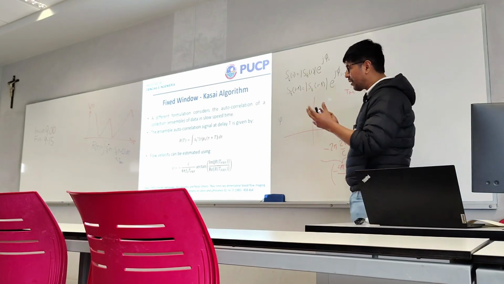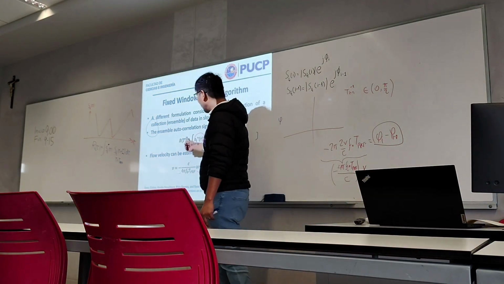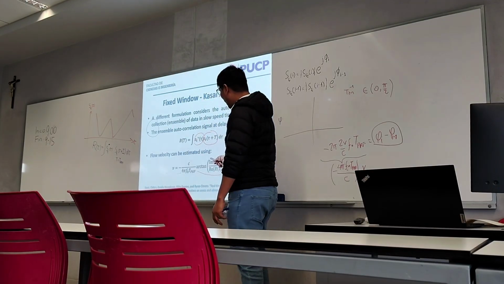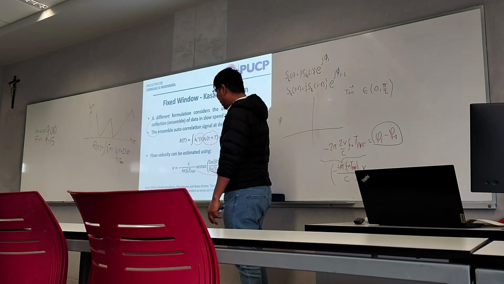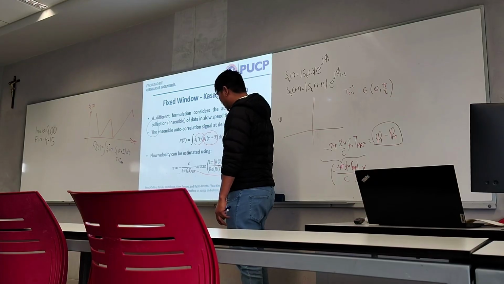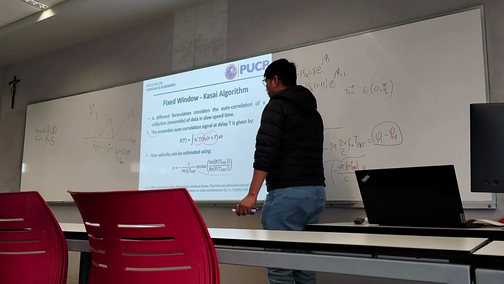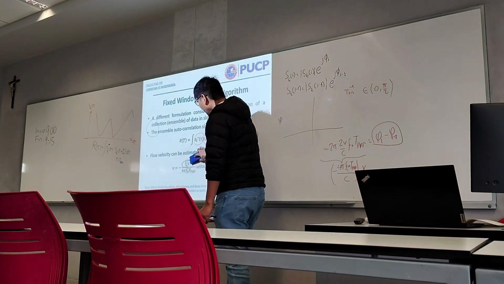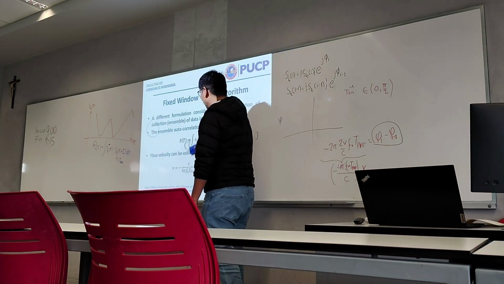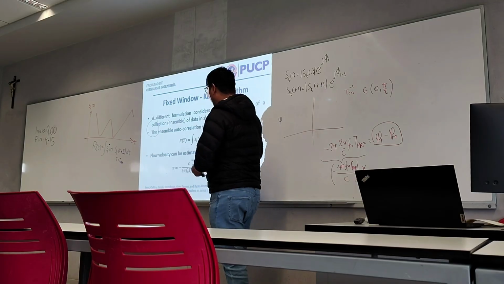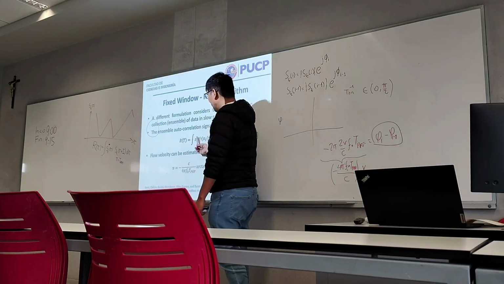And for that new signal, the autocorrelation, you can calculate the imaginary and real part, do the ratio and calculate the arctangent. Okay, you can calculate the autocorrelation very easily.